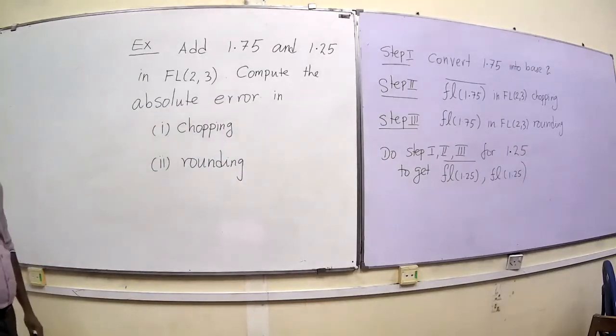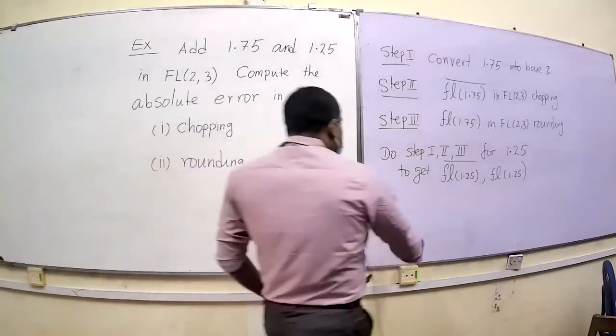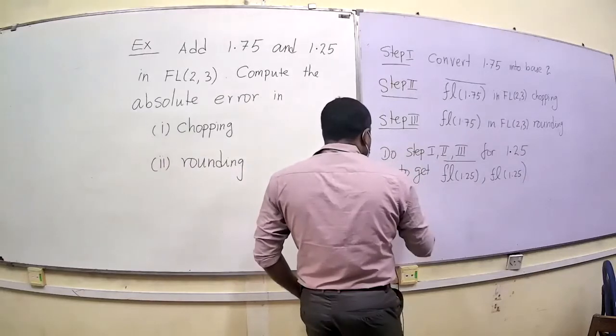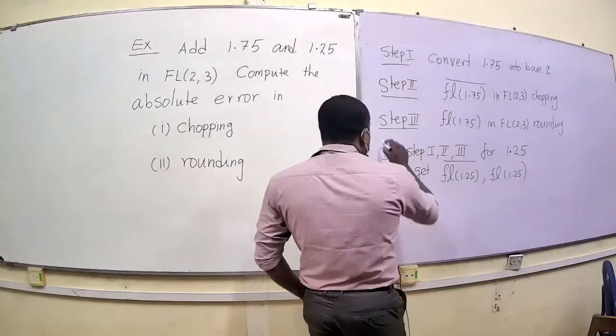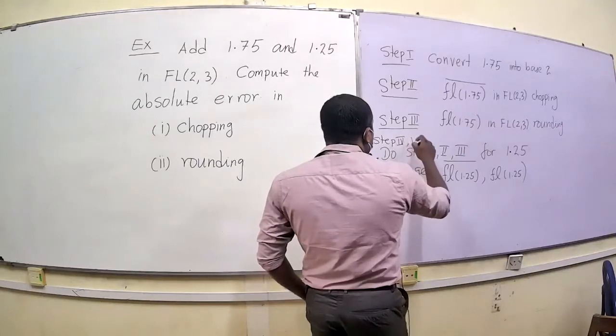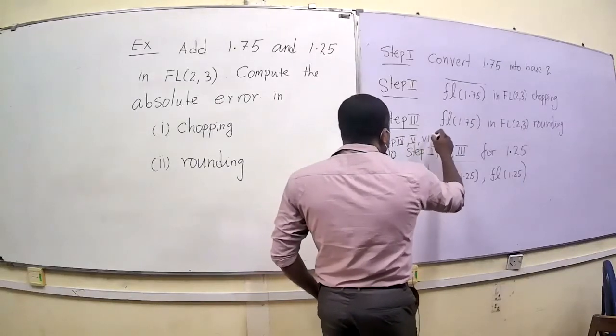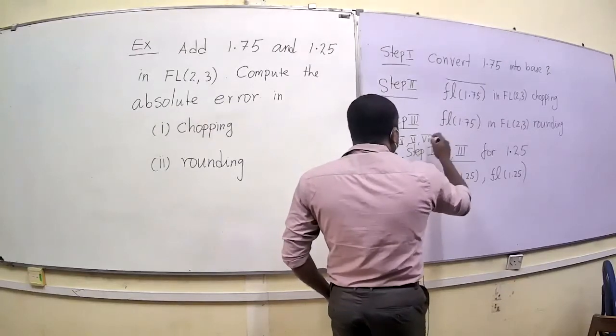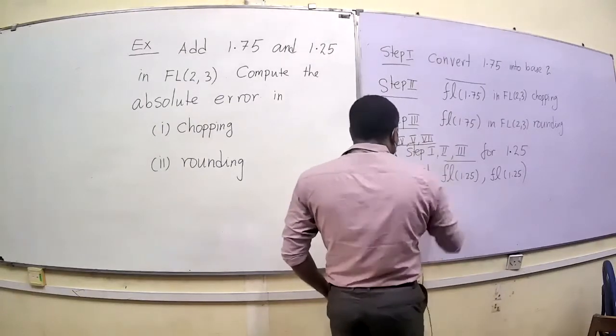So you do this, and so after that, let me say step 4. So this is step 4, 5 and 6, right? So these are step 4, 5 and 6 are here.